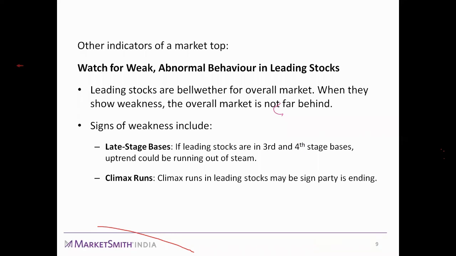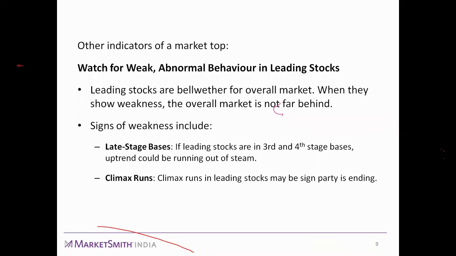Some of the other signs of weakness are, if leading stocks are in third and fourth stage bases, the uptrend could be running out of steam. That is why, if a lot of you sometimes question, for example Minda Industries, it is right now trading at a fifth or sixth stage base.